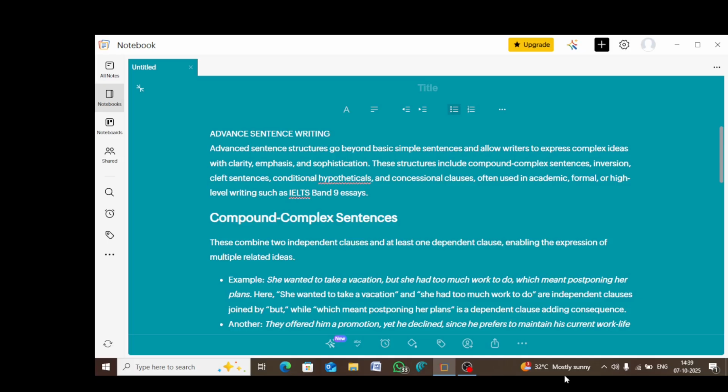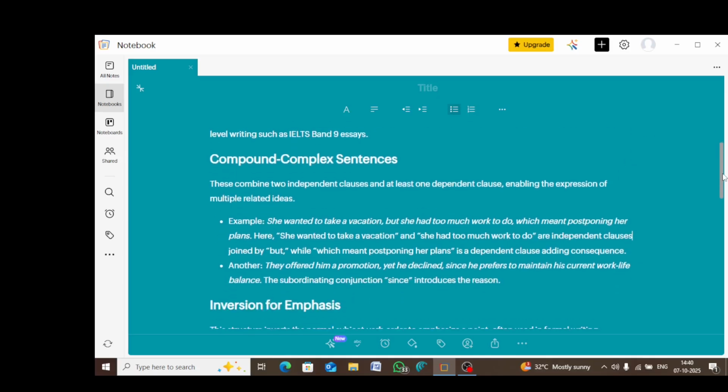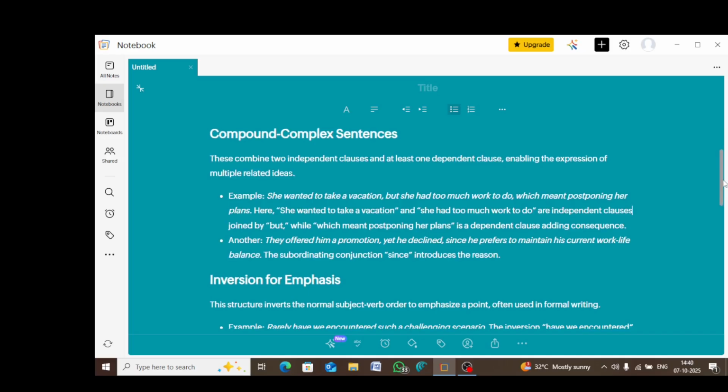Second example. They offered him a promotion, yet he declined, since he prefers to maintain his current work-life balance.